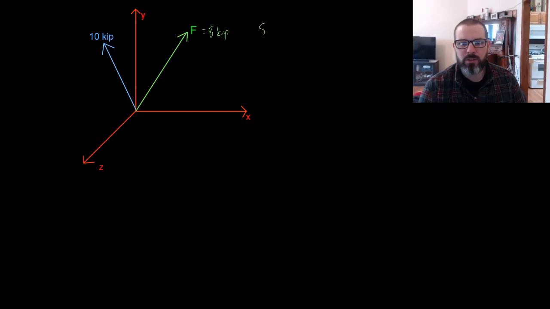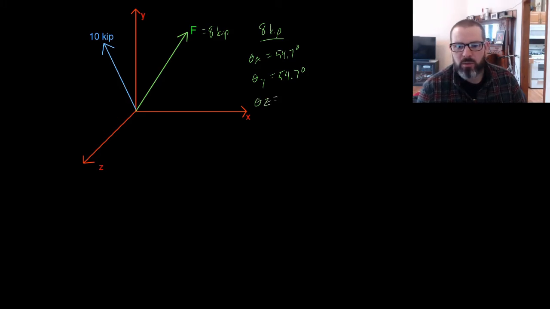And our 8 kip force has a theta x equal to 54.7 degrees, a theta y equal to 54.7 degrees, and a theta z equal to 54.7 degrees. Our 10 kip force has a theta x equal to 80, a theta y equal to 10, and a theta z equal to 90.